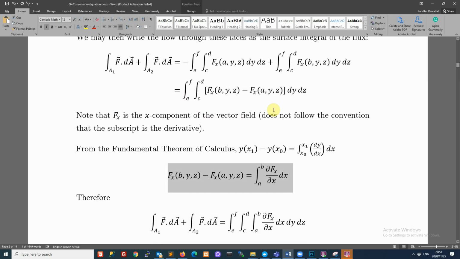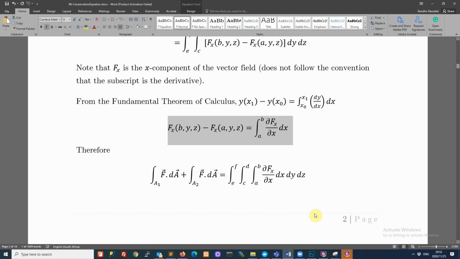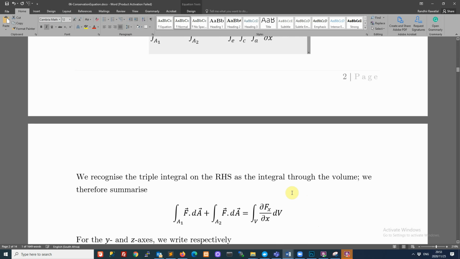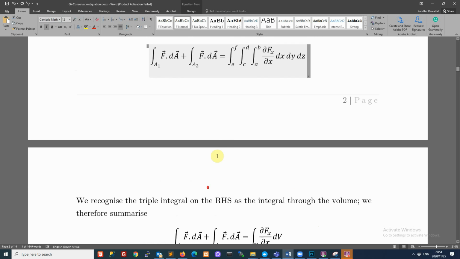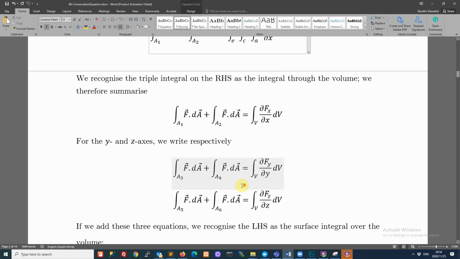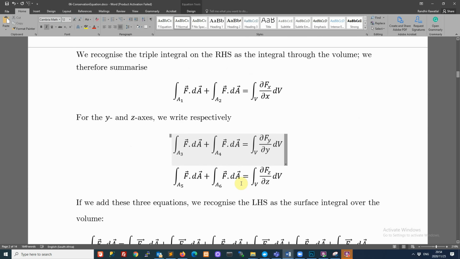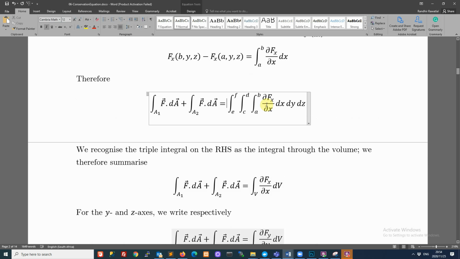So we can replace this and say that the integral over the area is simply equal to dFx/dx integrated over all dimensions x, y, and z. Now, if you look at what this triple integral is giving us, this is of course an integral over the volume.